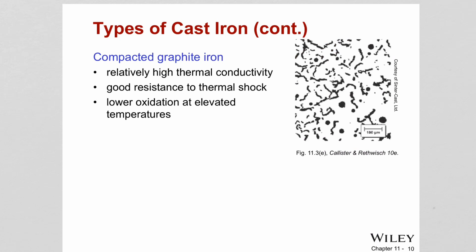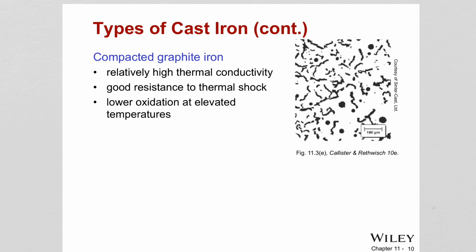A new type of cast iron is compacted graphite iron. Again, this is due to the presence of silicon in the structure. Carbon exists as graphite. And if you look at the microstructure under the microscope, it has a worm-like graphite structure.